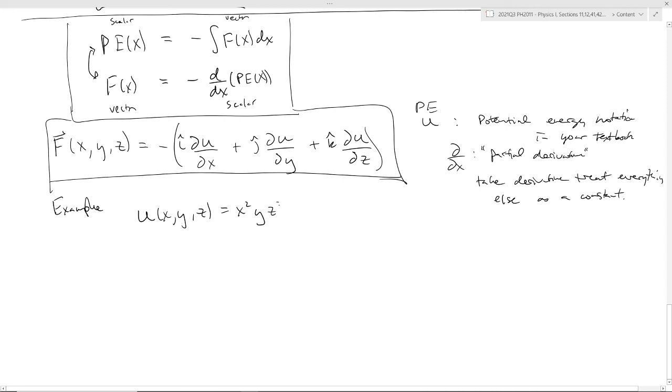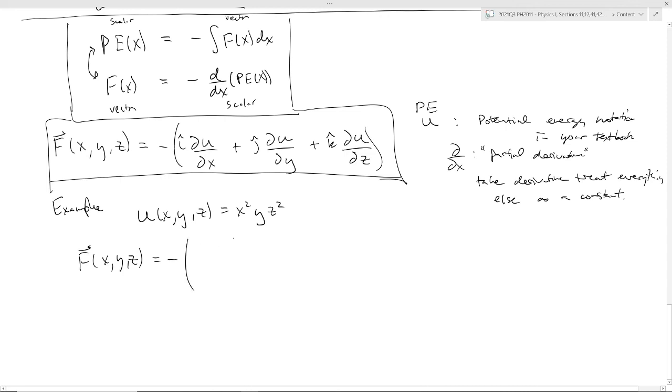Suppose your potential energy function, this is just a simple, contrived, made up example, looked like x squared y z squared, so this product function. The force due to this potential energy, let's work it out in steps so you can see how this works.